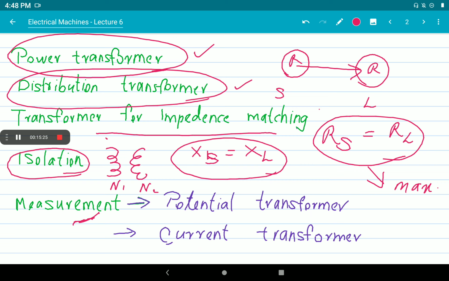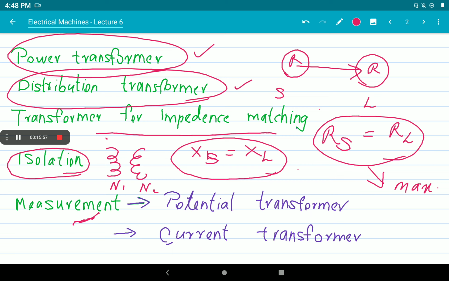So there will not be any current flow from the high voltage side to the low voltage side in a step down transformer. We can say there is no connection between the high power side and the low power side. The transformer has only magnetic coupling, so the primary and secondary windings are isolated from each other.